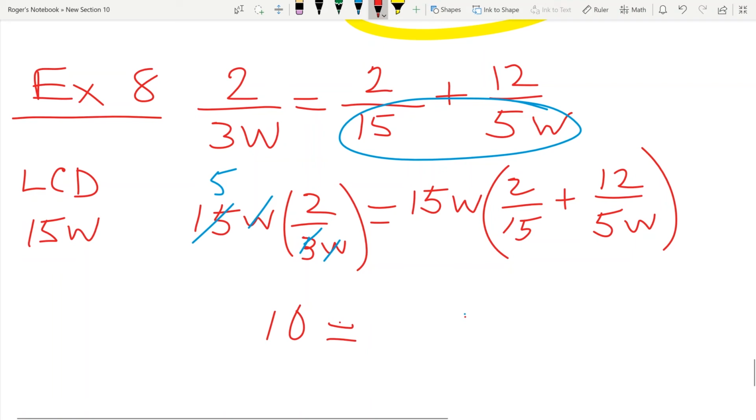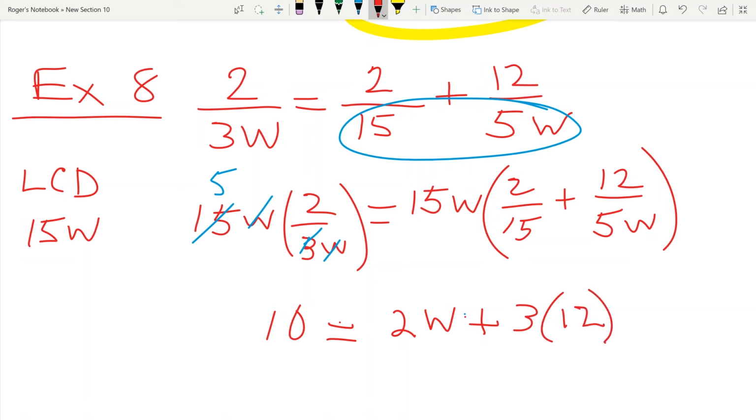Equals, now, distributive property, 15W times 2 over 15. The 15s cancel, and we're left with 2W. And then when we multiply by the second term, plus 15W times 12 over 5W, the W's will cancel. 5 goes into 15 3 times, so it's going to be 3 times 12.